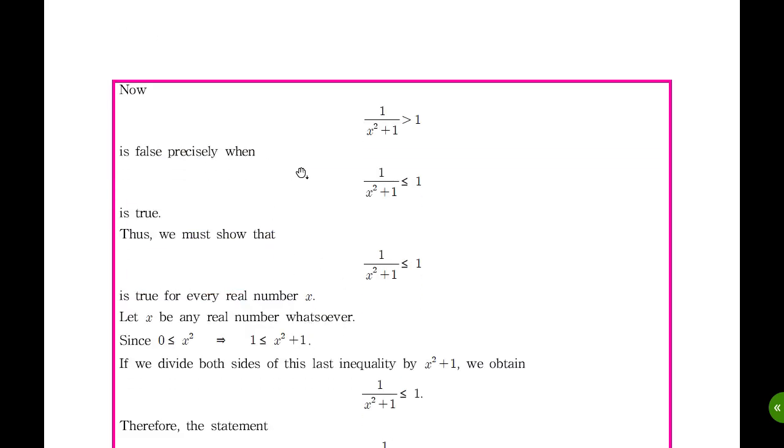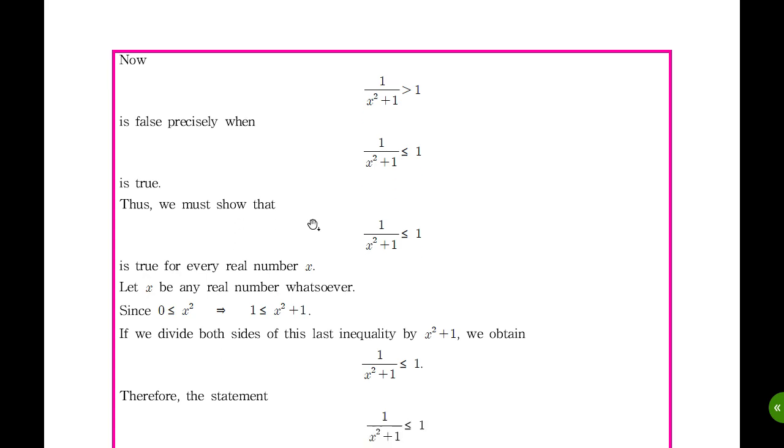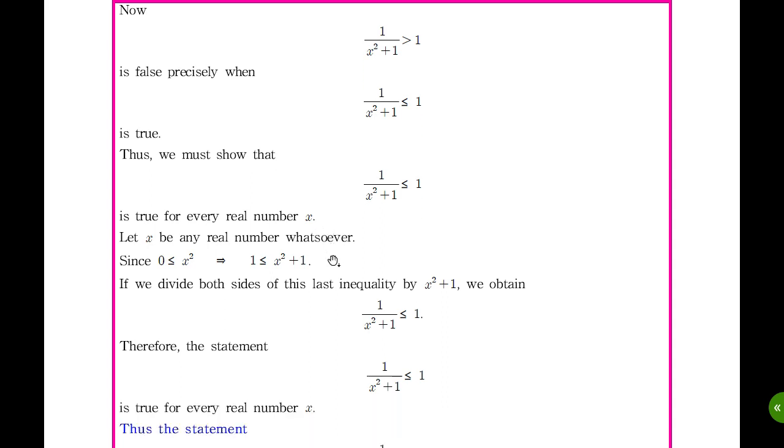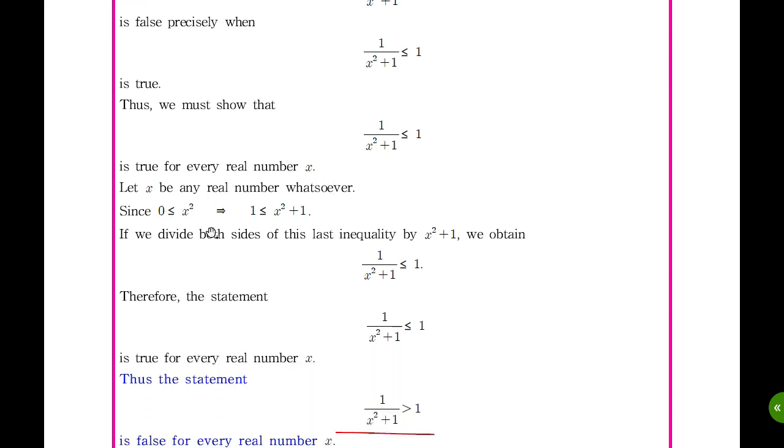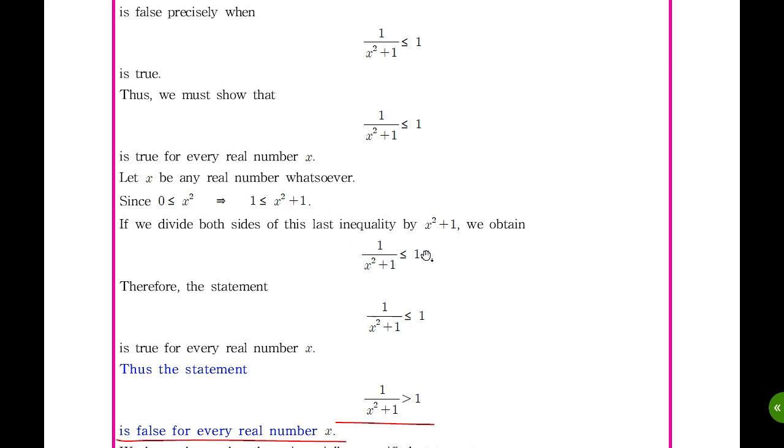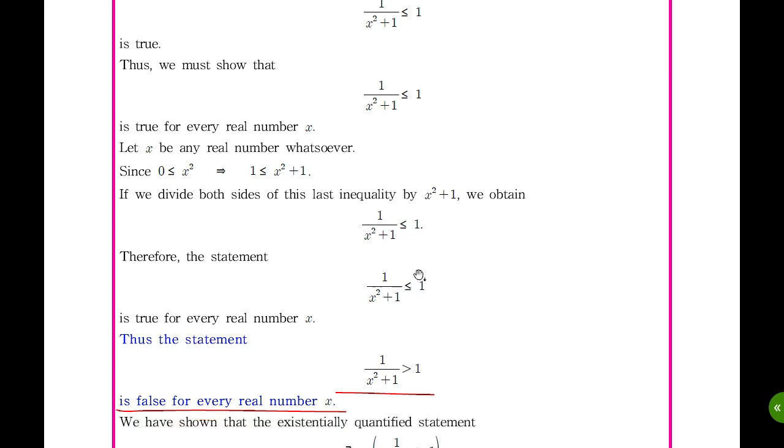So we can show it. The statement 1 over x squared plus 1 is bigger than 1 is false when its negation is true, so we must show that is true for every x in R. We can show that 1 is less than or equal to x squared plus 1, and so 1 over x squared plus 1 is less than or equal to 1.